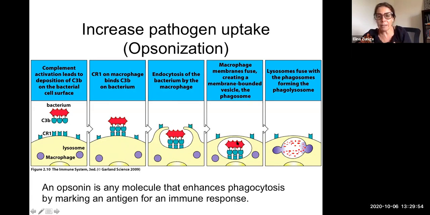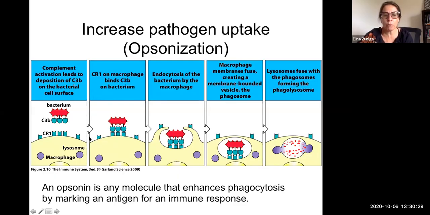And then this macrophage membrane will fuse, creating a membrane-bound vesicle that is called the phagosome, that then will bind to the lysosomes that have much lower pH, forming the phagolysosome, where there are enzymes like lysozyme and reactive oxygen and nitrogen species that will destroy this pathogen, okay?